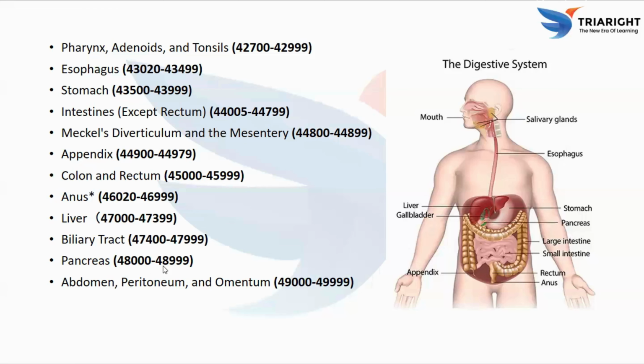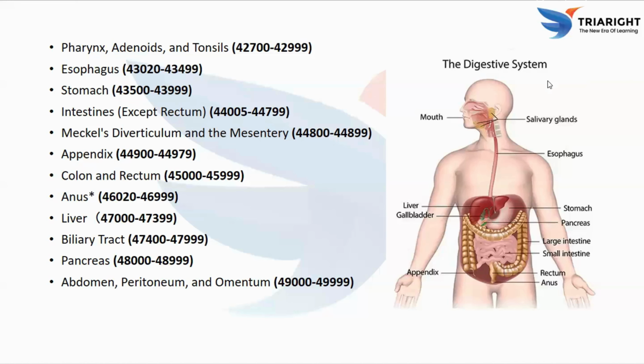Complex procedures have high relative value units. And next is the last one, abdomen, peritoneum and omentum. These procedures include exploratory laparotomy, peritoneal biopsy, adhesiolysis and also some hernia related abdominal procedures. Often it is used when multiple organs are involved.